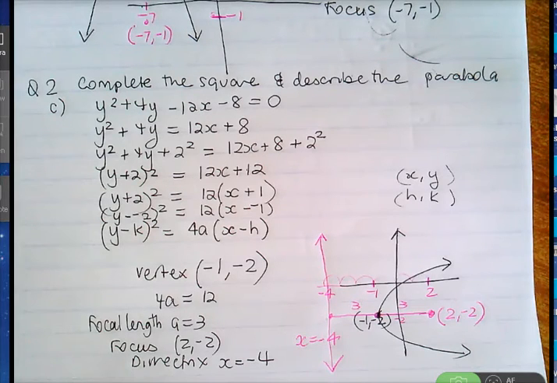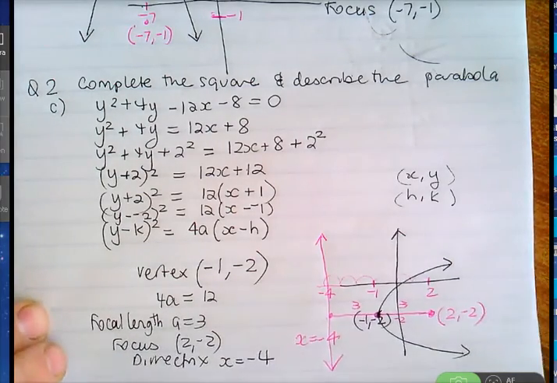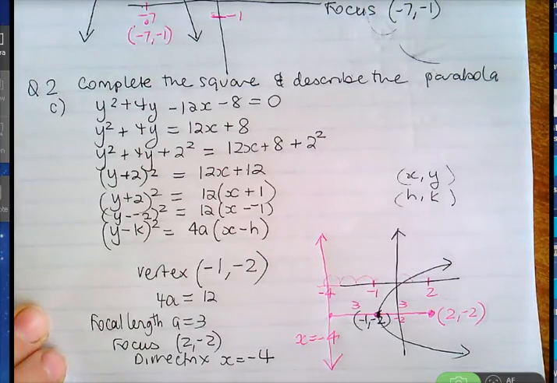Let's do question 2. I want to do 2j because it's a little bit different. y squared plus 8y plus 8x equals 0. All right, I'll write it now.